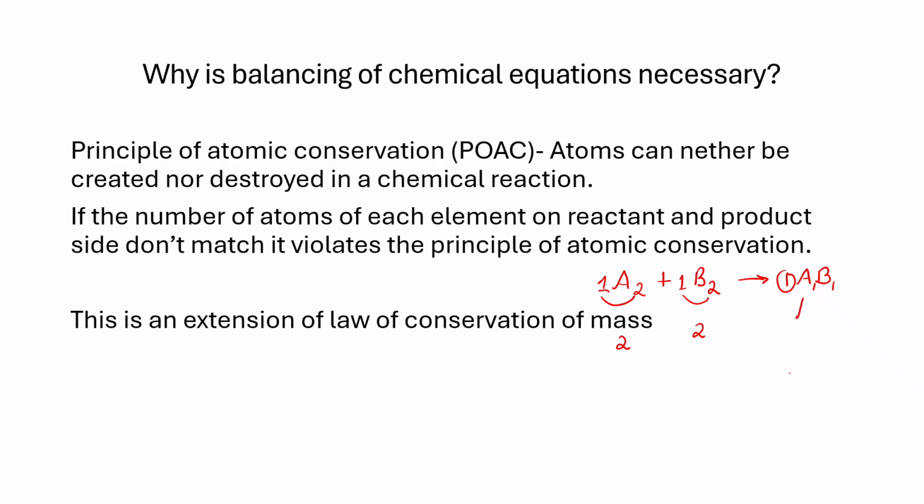So for A as well as B, the number of atoms on the product side is 1. What this means is that one atom of A and one atom of B is getting destroyed in a chemical reaction, which is a clear violation of the principle of atomic conservation. So that's the reason why chemical equations should be balanced. This is basically an extension of the law of conservation of mass.